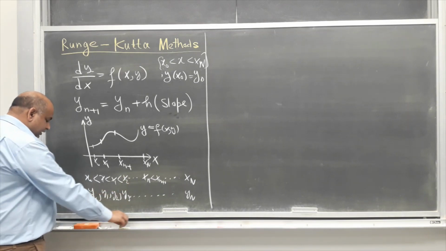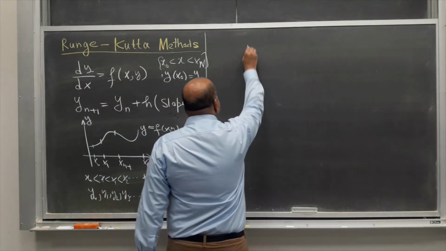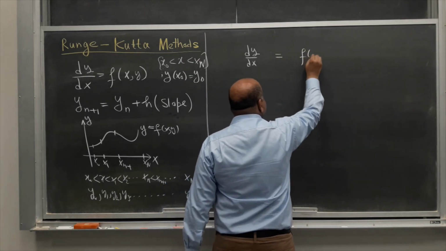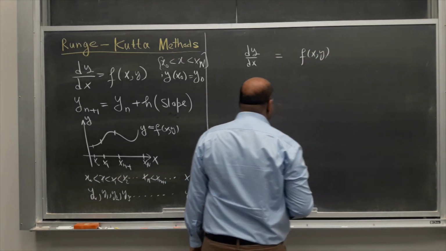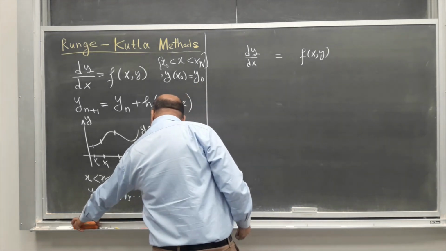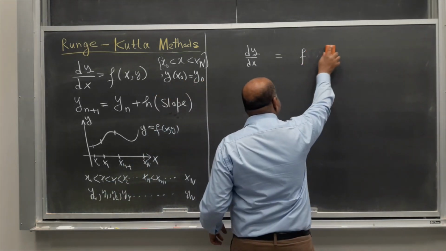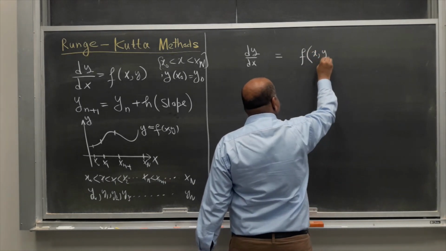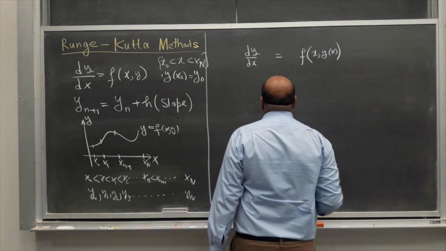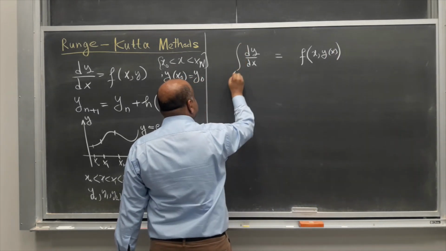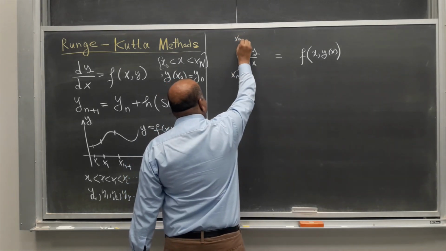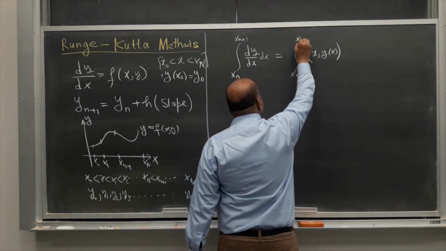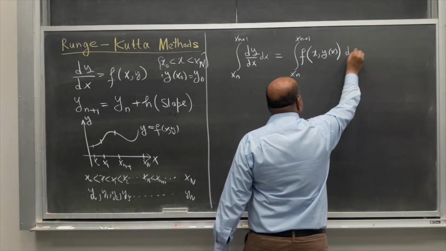To do this, let's begin from this equation, and let me note that this y on the right side is also a function of x, so this is actually f of x, y of x. So let's integrate both sides of this differential equation from an arbitrary point xn to the next point xn plus 1, like this.